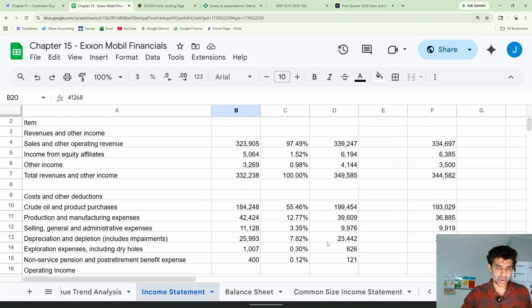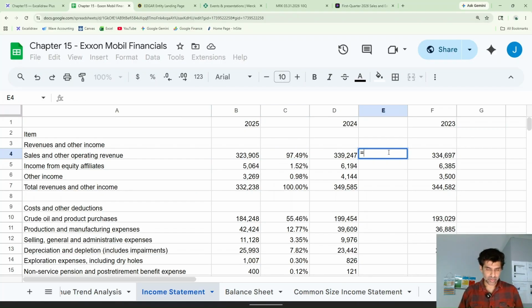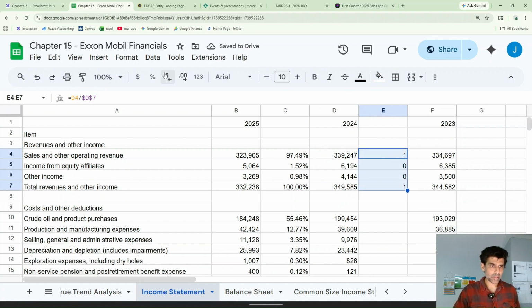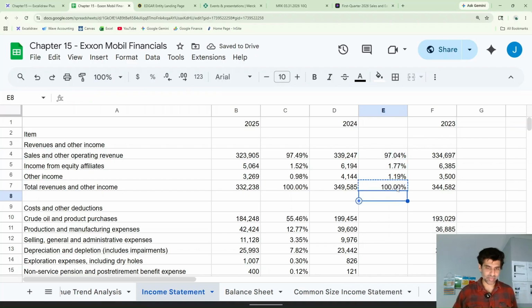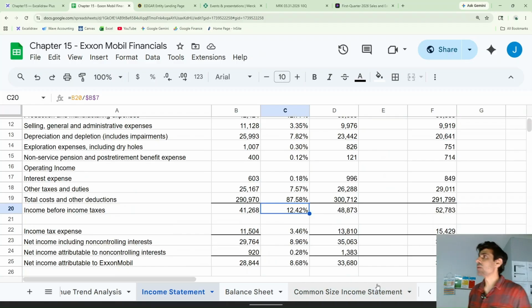Okay. So if I did this for all the years, I could then look at how my margins are changing too. Okay, so let's see, because it's hard to tell whether my margins are going up or down just based on the numbers, right?